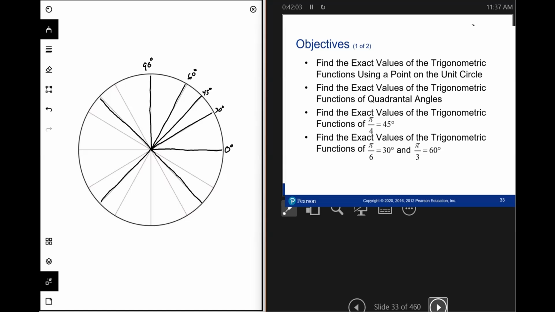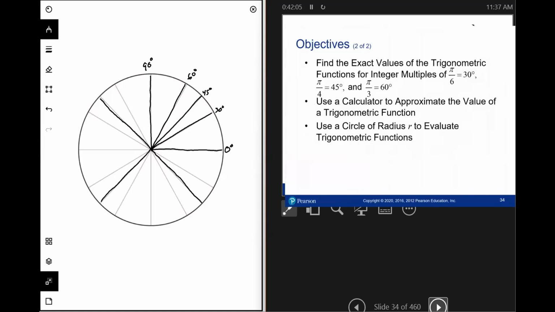All right. And then find exact values for integer multiples of pi over 6 or 30 degrees and 45 degrees and 60 degrees. All right, so this one is the same as pi over 6 radians because it is 1/6 of pi.